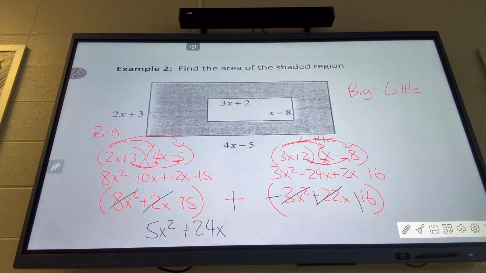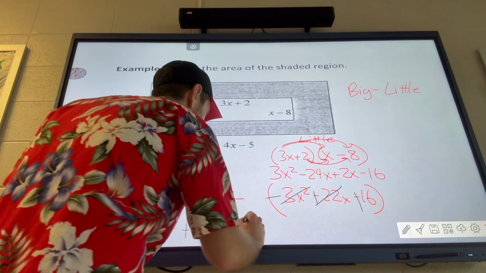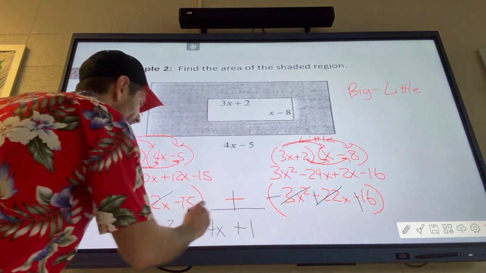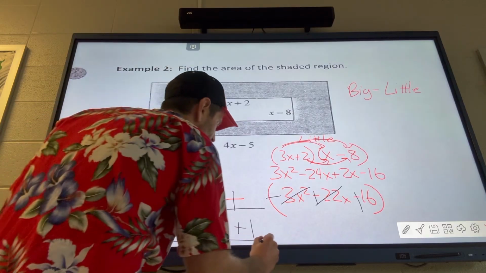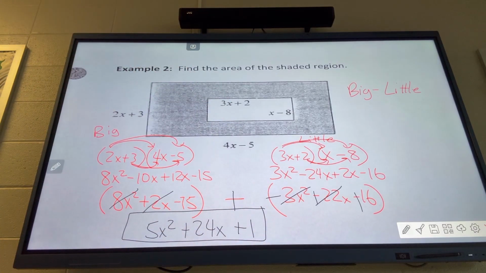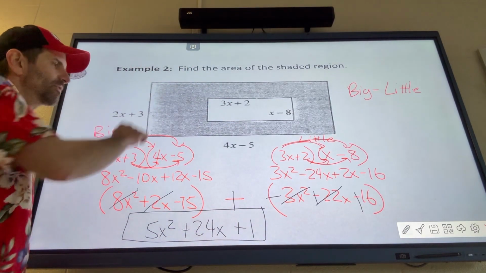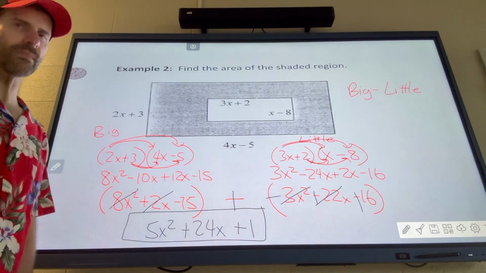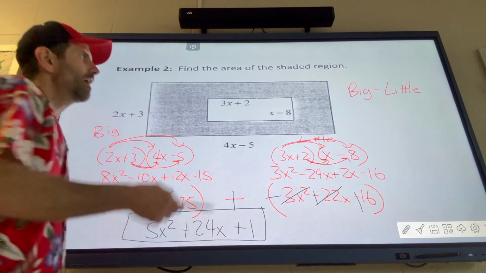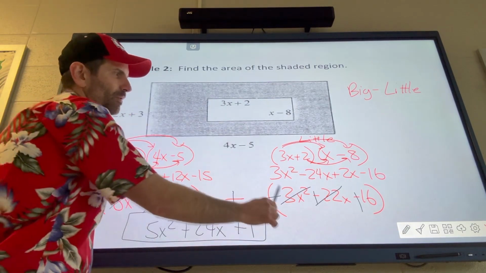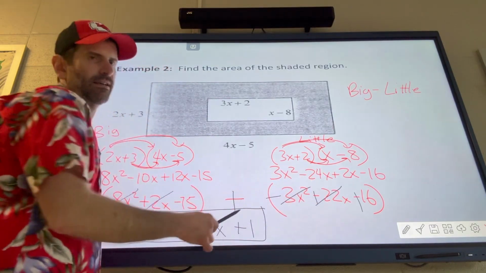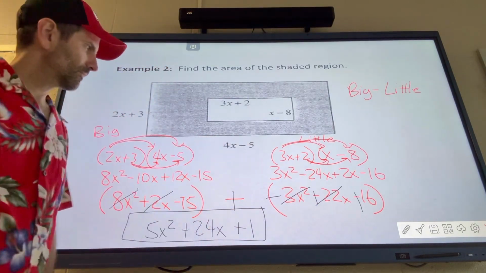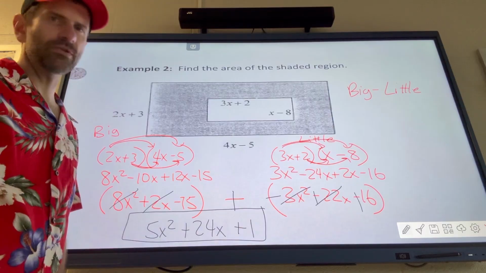And finally, the negative 15 and the positive 16 make plus 1. And we found the polynomial that represents the area of the shaded region only. So class, just a reminder, when you're subtracting a polynomial, put parentheses around it so that you make sure to distribute your negative.